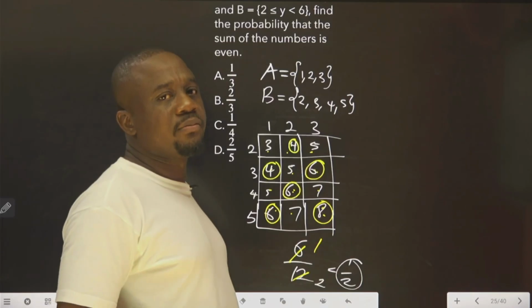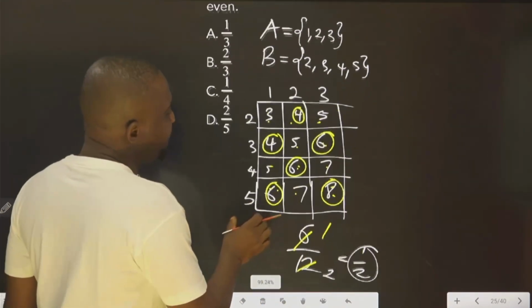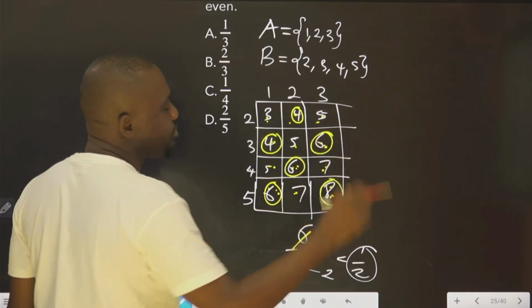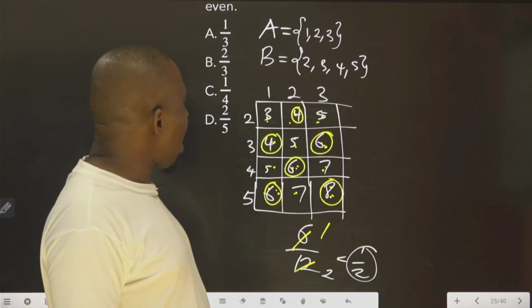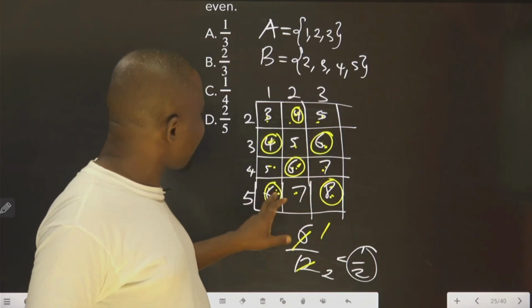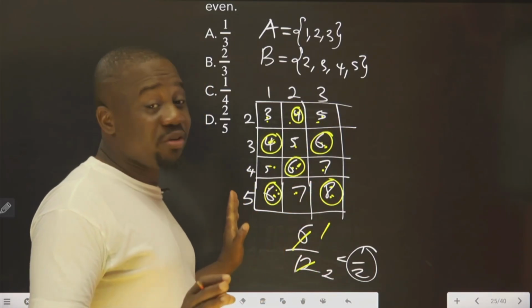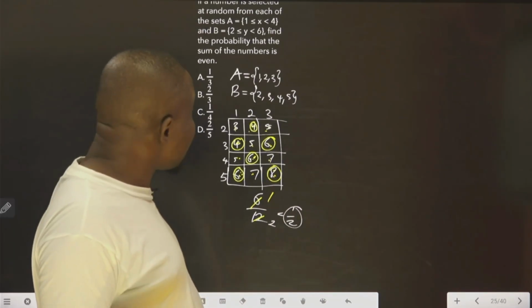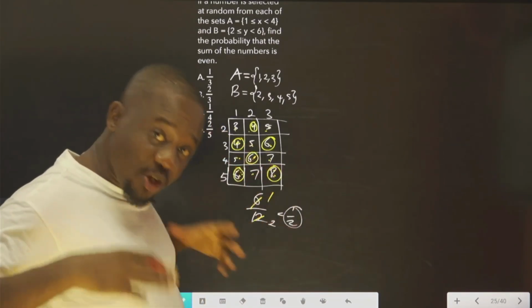Don't force it. The total event space is 12 altogether. How many even? We have to sum. 1, 2, 3, 4, 5, 6. 6 over 12. That's 1 over 2. There's nothing you can do here. Just leave it. Leaving it is also an answer.